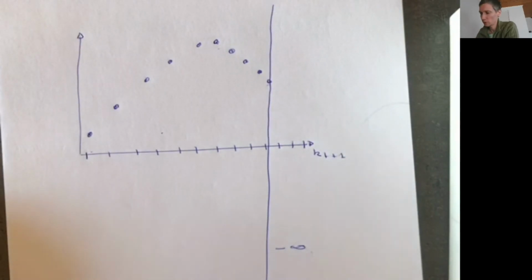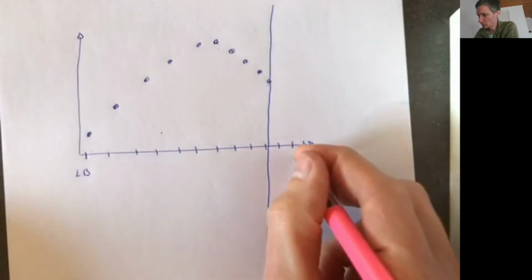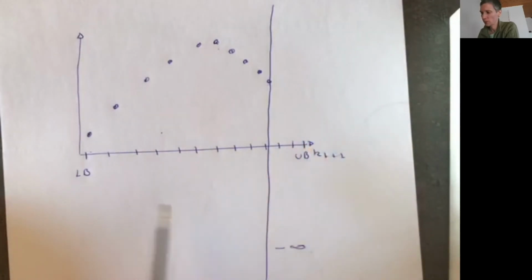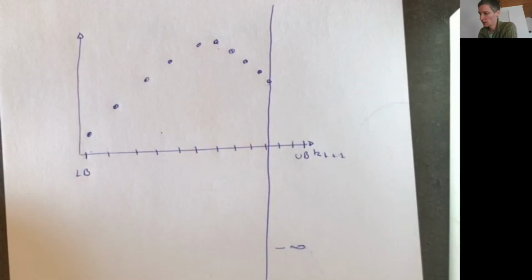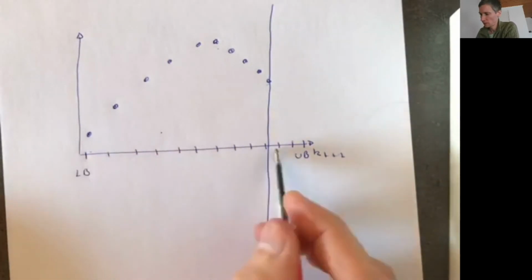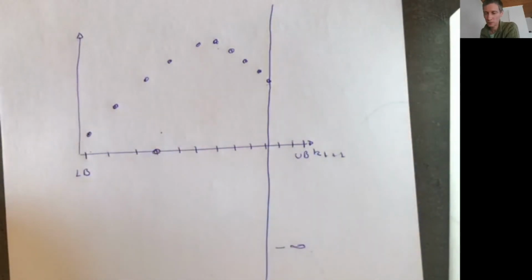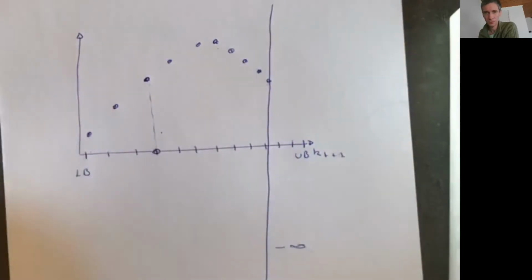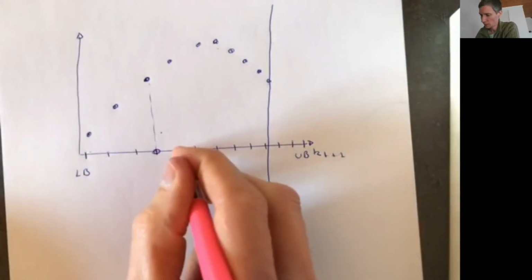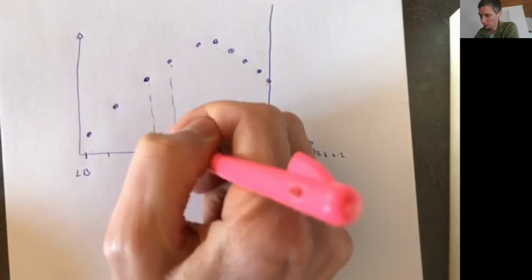So one thing that you can do is use a lower bound and an upper bound. Okay, so the idea is I know that my optimum is between my lower bound and my upper bound here. And then I can take a point between the two, let's say this one here, and evaluate the function at this point, okay? And then I can take, for example, the next point and evaluate it here.